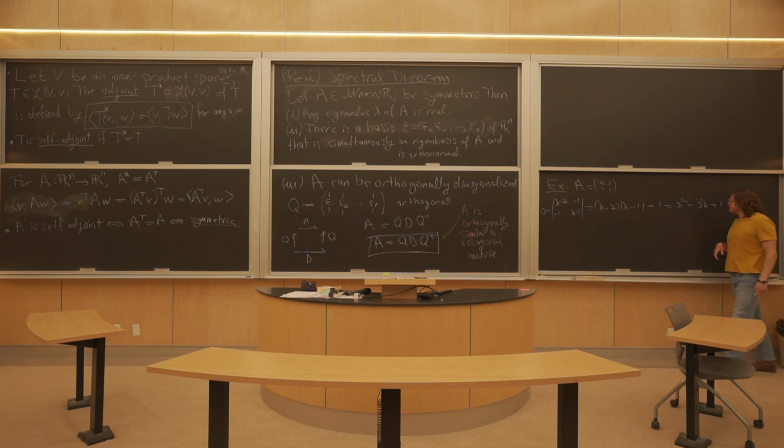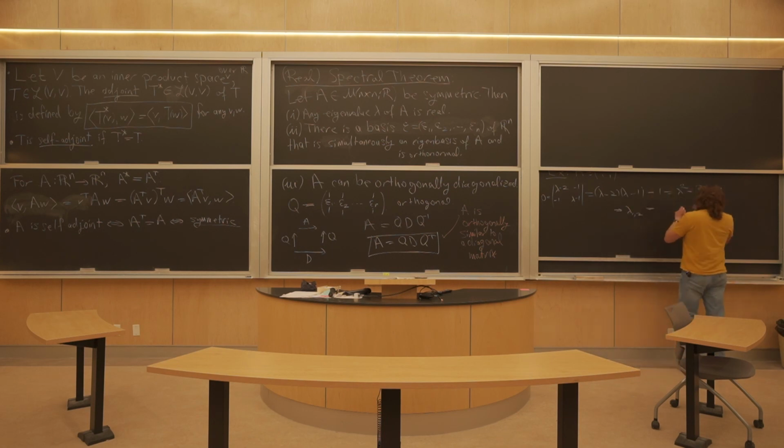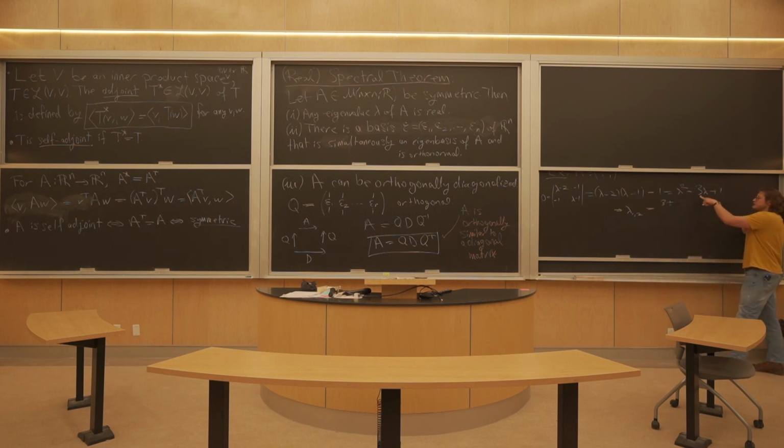Let's say we use the quadratic formula. The quadratic formula would say that the roots of this equation are minus b plus or minus the square root of b squared minus 4ac, which is root 5, divided by 2. Okay, you see, these are real numbers. I have distinct real eigenvalues.